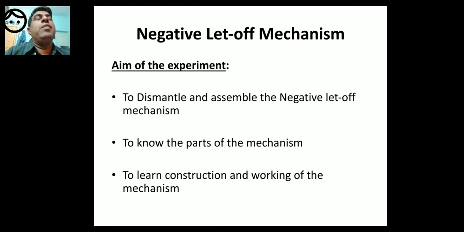So primary motions we have studied. Now we are coming to secondary motions. This class and the next class we will talk about negative let off motion, positive let off motion, 7-wheel take up motion and anti-crack mechanism.